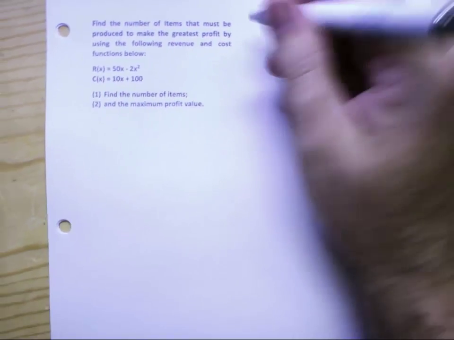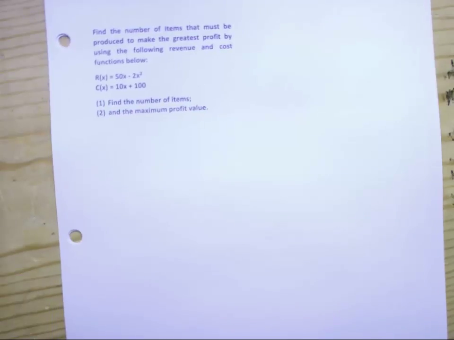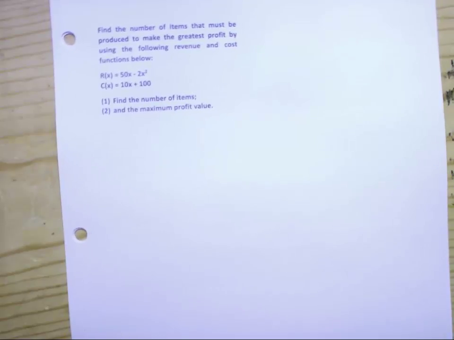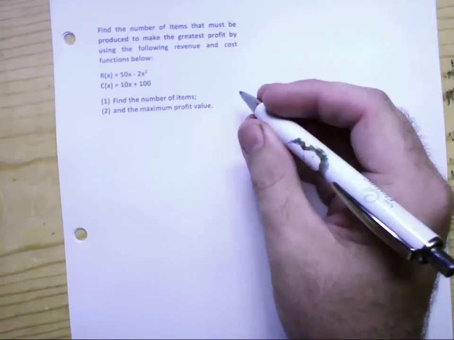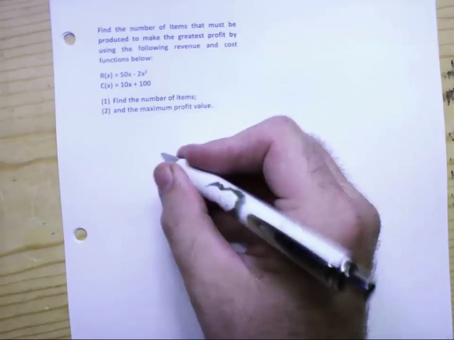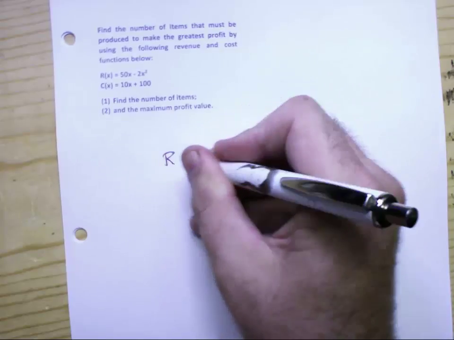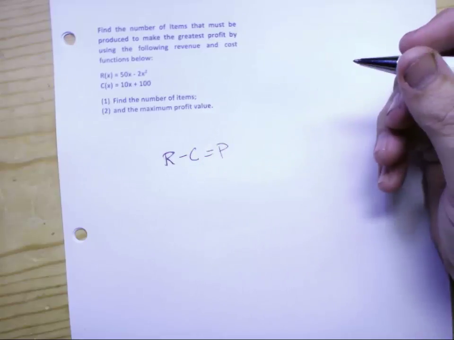So doing this by hand is a little tedious, and there may be another way, but if we have to do this by hand, I'm going to go over how to do it by hand real quick. So first of all, we have to remember that to find profit, it is revenue minus cost equals profit.